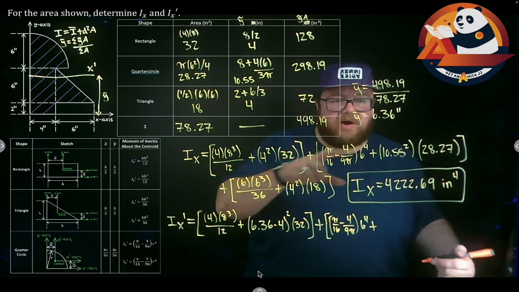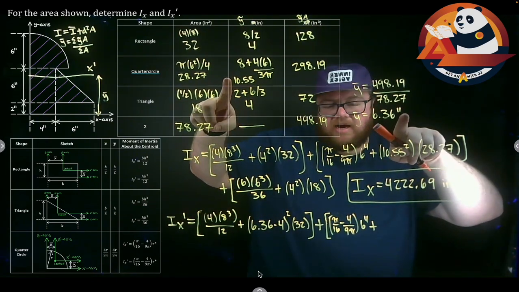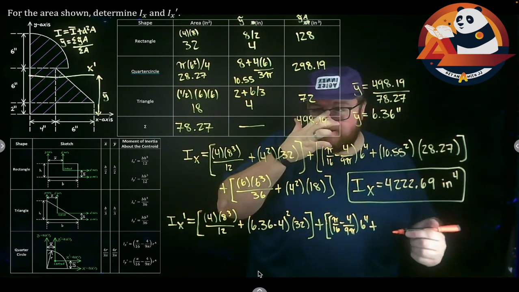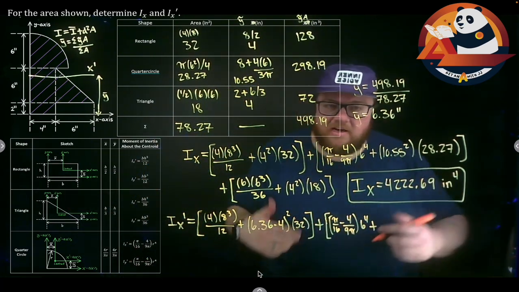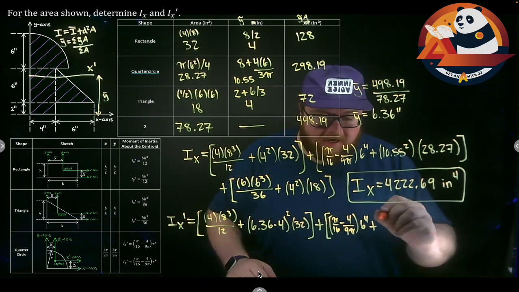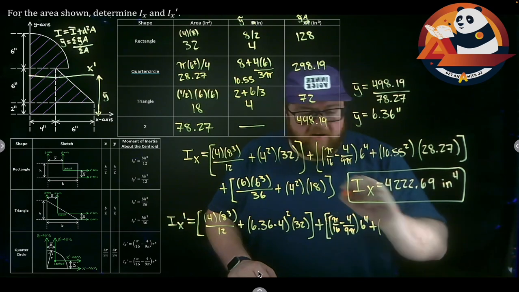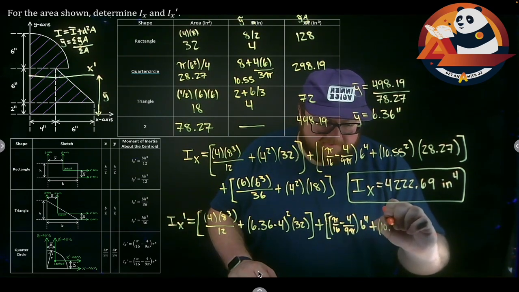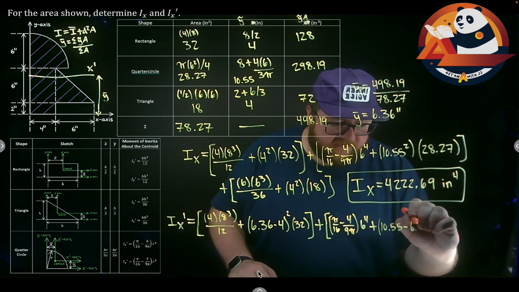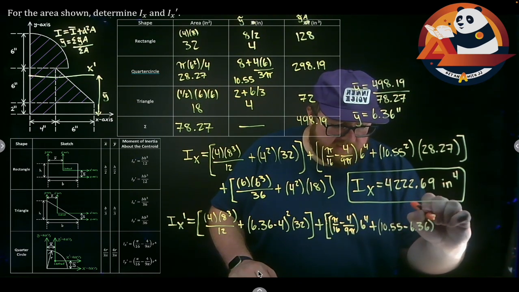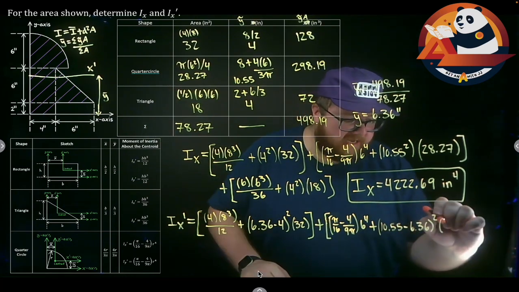I put this one in as y tilde minus y bar. That way, in my calculator, it shows up as a positive. Technically, it makes 0 difference, but we've all run into sign errors before. So let's trick our calculator into just giving us the positive and eliminate that potential. So times y tilde 10.55 minus y bar 6.36 squared times our area 28.27.